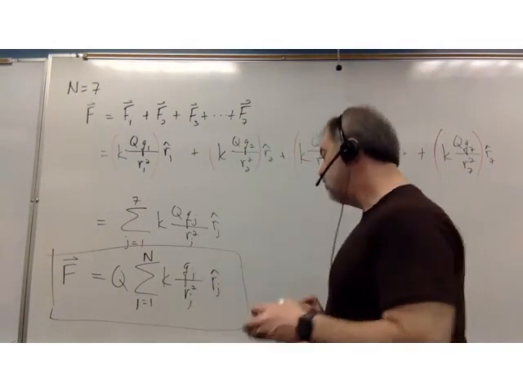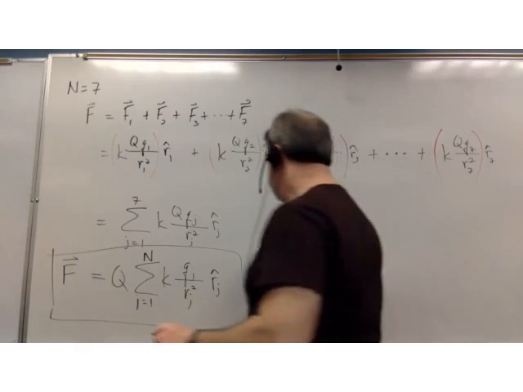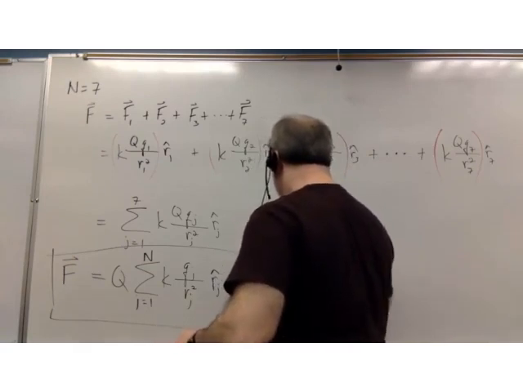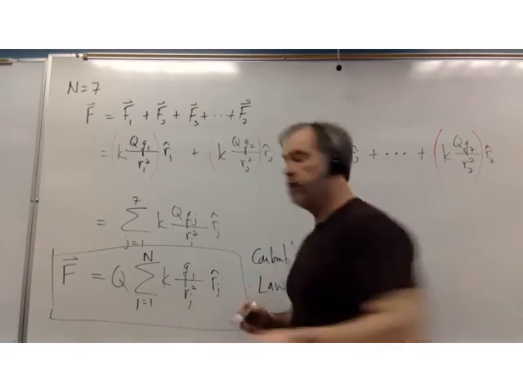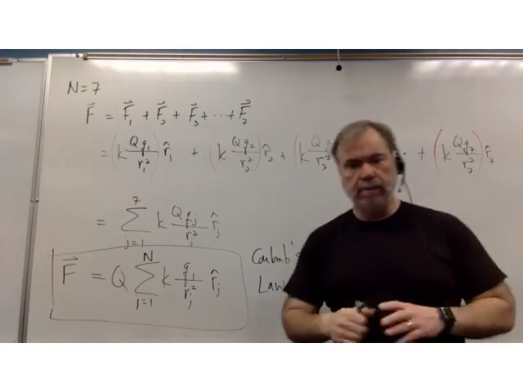Right, so this is just Coulomb's law written for a whole bunch of charges, not just one source charge, but still only one test charge, which is fine. But what about the electric field, Kevin?